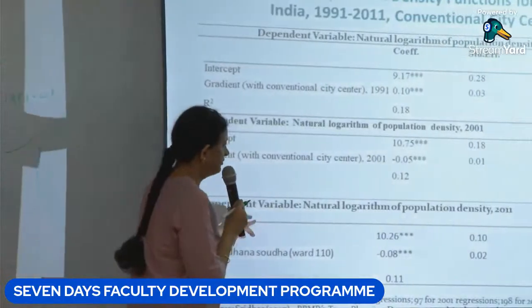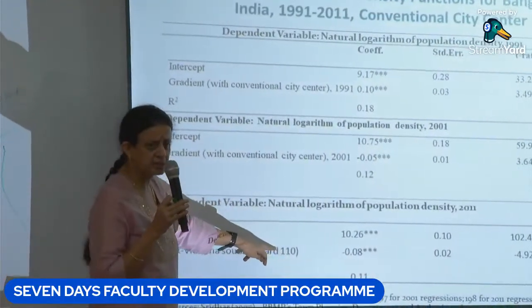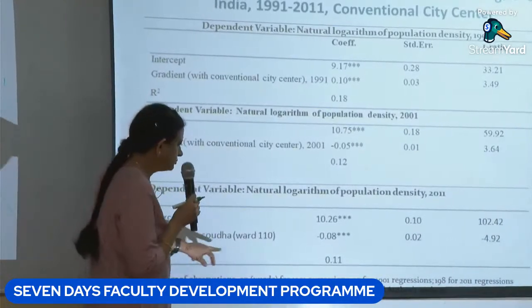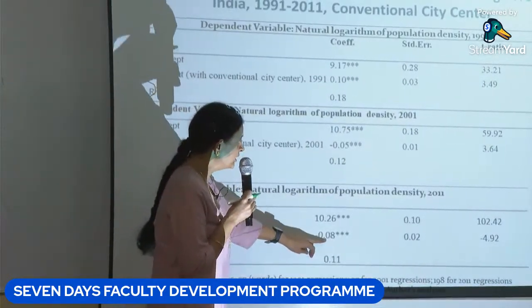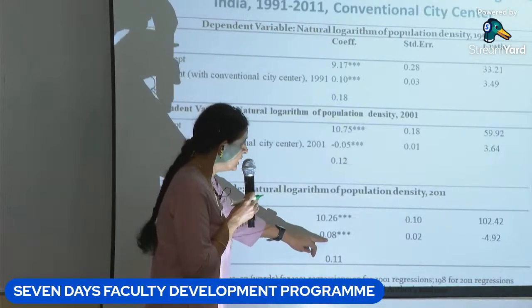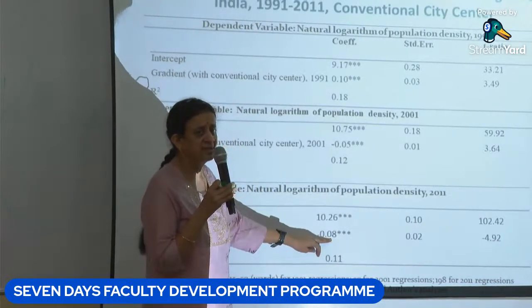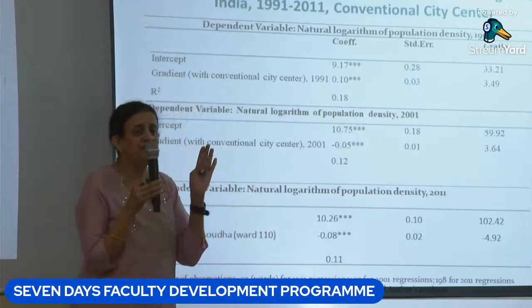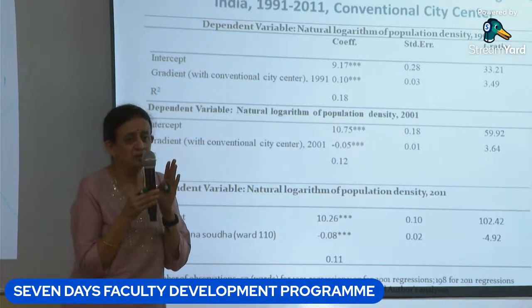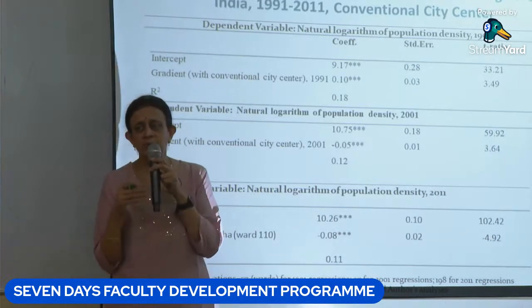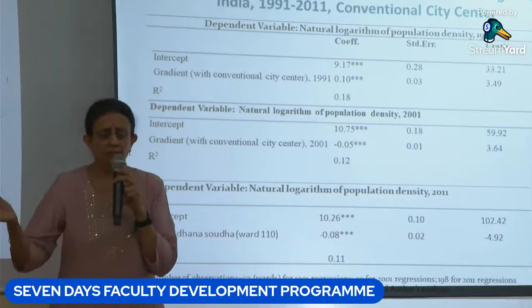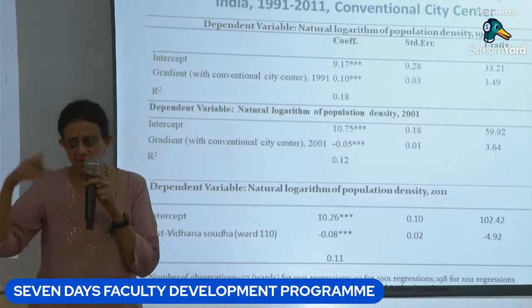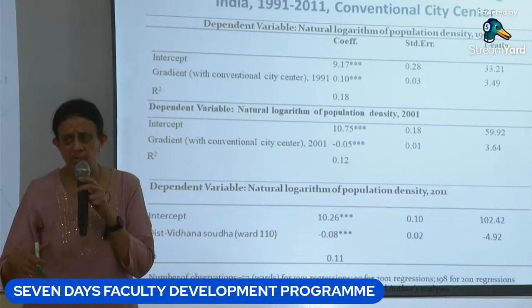And we did this again for 2011 data. And you find that the absolute value of the density gradient has increased, which means that Bangalore centralized somewhat during 2001 to 11, and this could be because of the merging of the surrounding TMCs and CMCs into what is now called the BBMP.